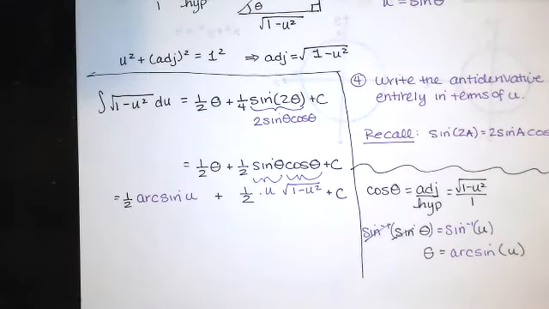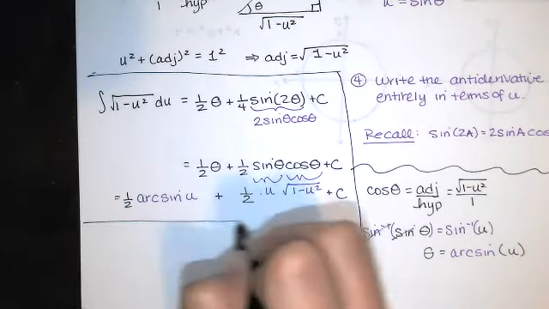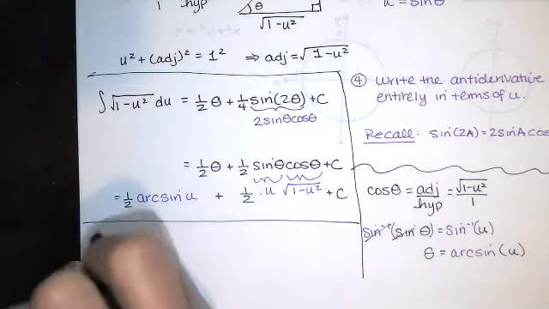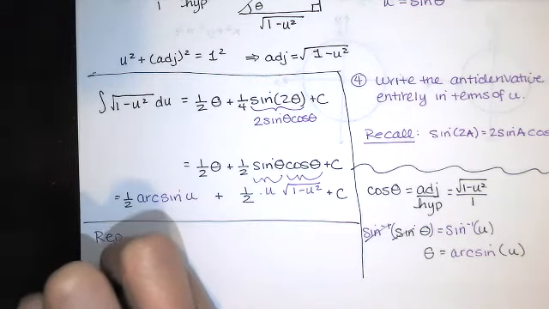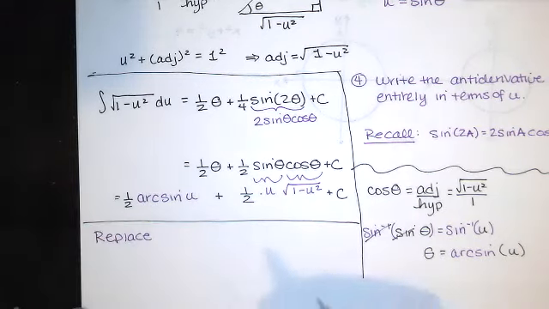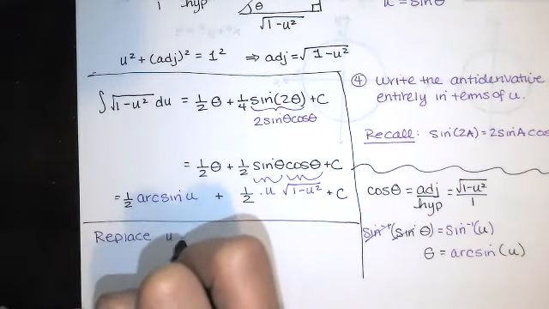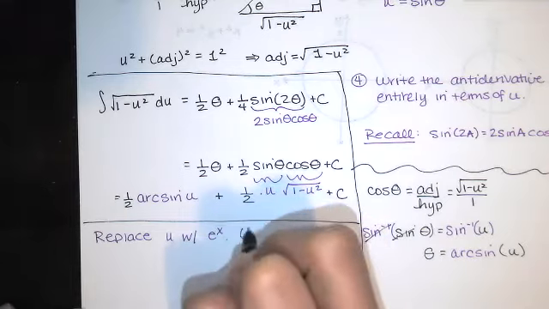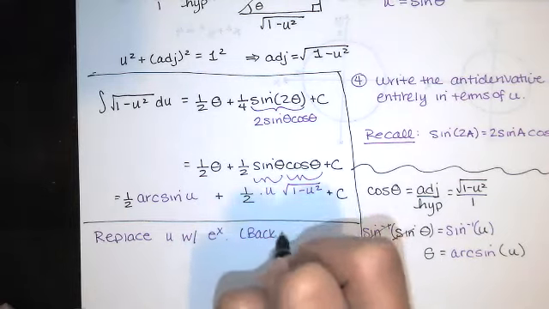So the last step for us is to substitute one more time. We call this back substituting, or if you prefer, you can just say you're going to replace u with e to the x because that's what u is. U and e to the x are the same thing.